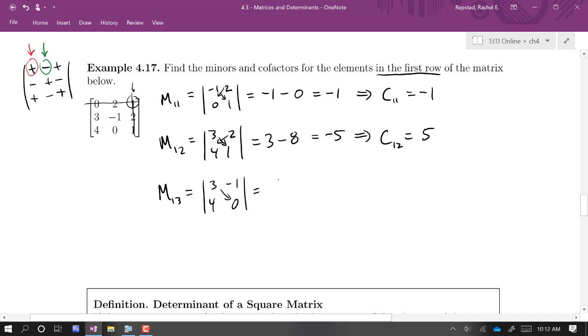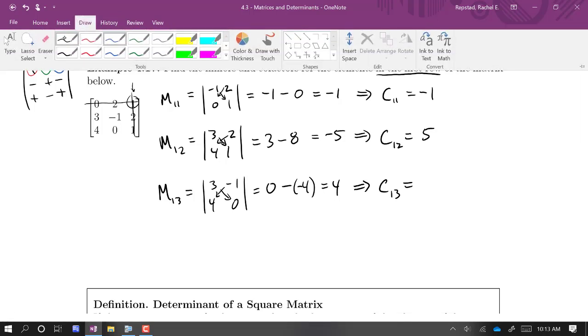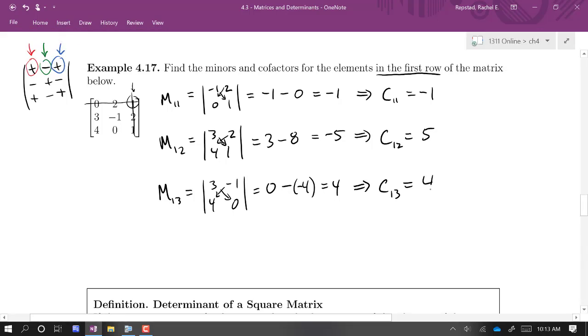So multiply 3 times 0 is 0, minus -1 times 4 is a -4. So 0 minus a -4 is +4. And that's the minor. The cofactor, well, looking at the pattern of signs, that's a plus, and that means the sign stays the same. So the cofactor is +4. Here we found these cofactors.